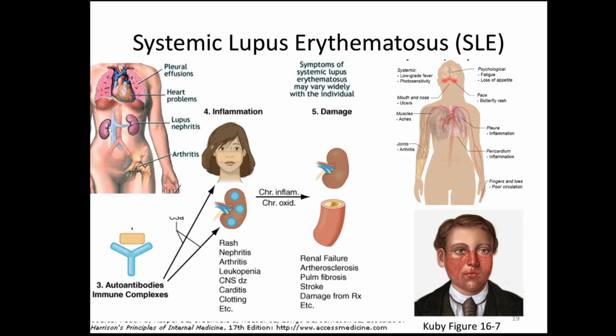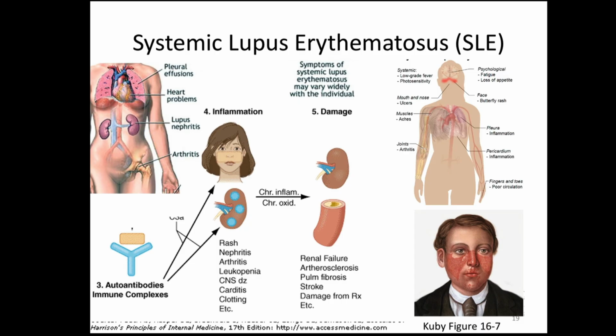But lupus is very much an immune complex mediated disease. The idea with lupus is that patients have autoantibodies that are binding to self-antigens, and then we have immune complexes being formed.